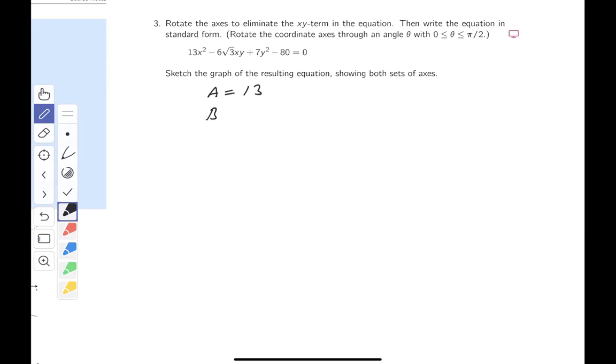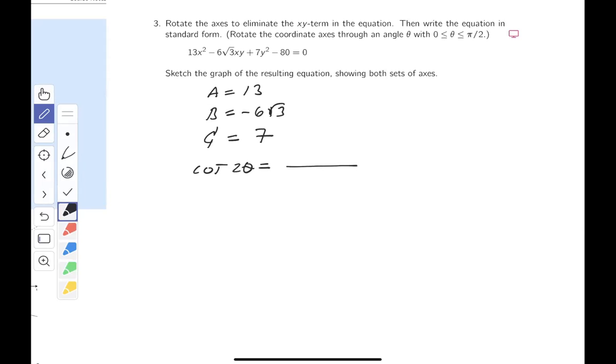The B, and again, this is written in standard form, is going to be minus 6 root 3. And the C is going to be 7. All right, so what do we get for cotangent of 2 theta?